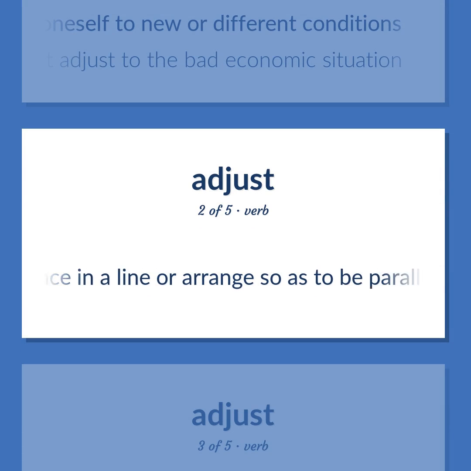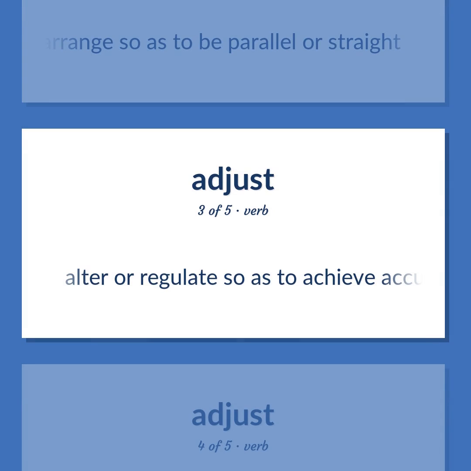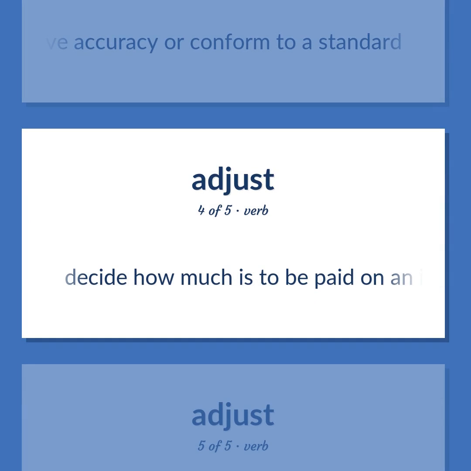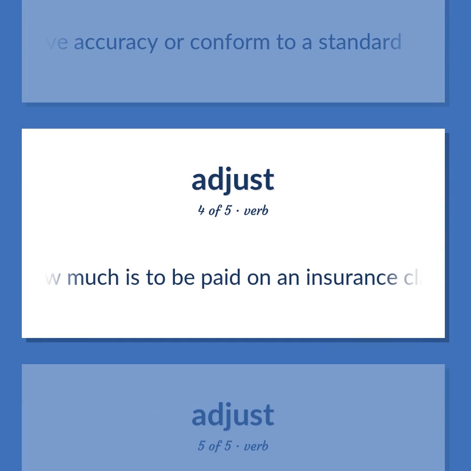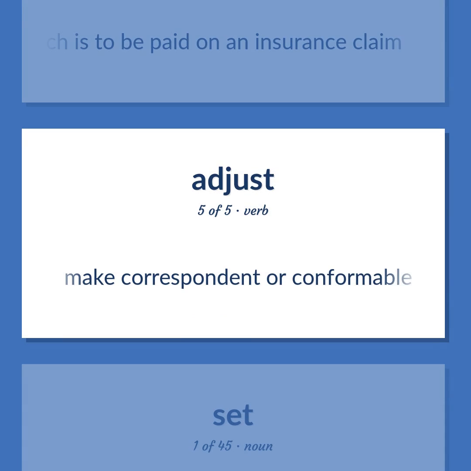Place in a line or arrange so as to be parallel or straight. Alter or regulate so as to achieve accuracy or conform to a standard. Decide how much is to be paid on an insurance claim. Make correspondent or conformable.